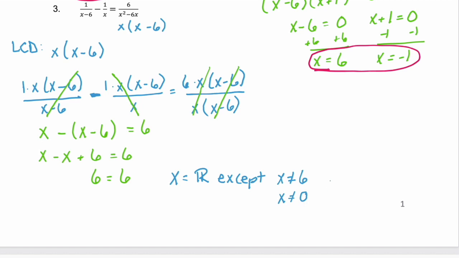But technically we want to put this in interval notation, so we can have any number from negative infinity until we get to 0. We can't have 0, so we use parentheses. Then we can have any number from 0 through 6. And finally, from 6 through positive infinity.